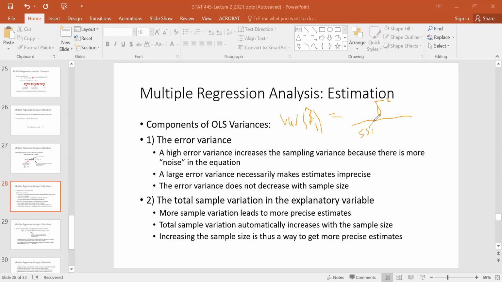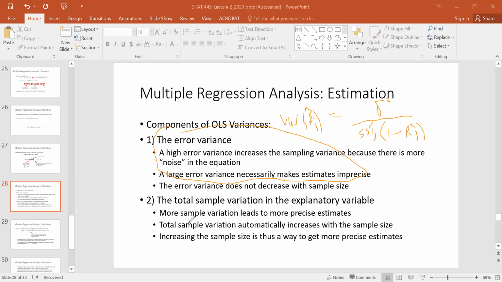The variation in the xj variable, then 1 minus r squared j. So we are just doing comparative statics: when the numerator is high, the variance is high, and we don't like that because this is noise of the error. So when error noise goes up, the whole noise, the variance of the estimator beta 1 hat, also goes up. So we don't like that.